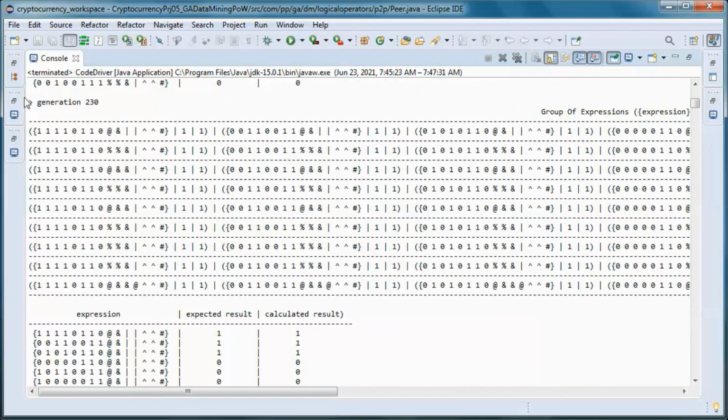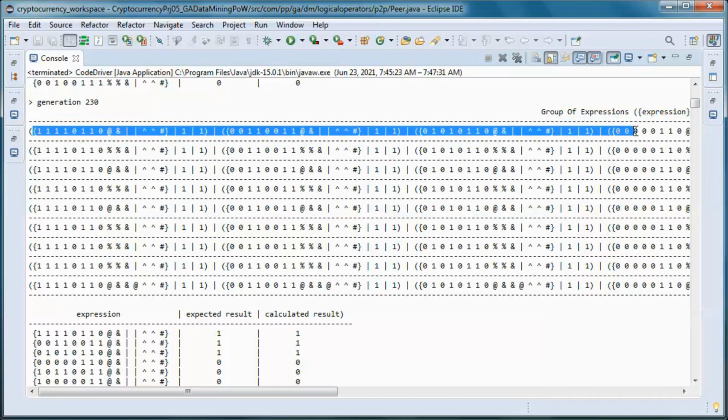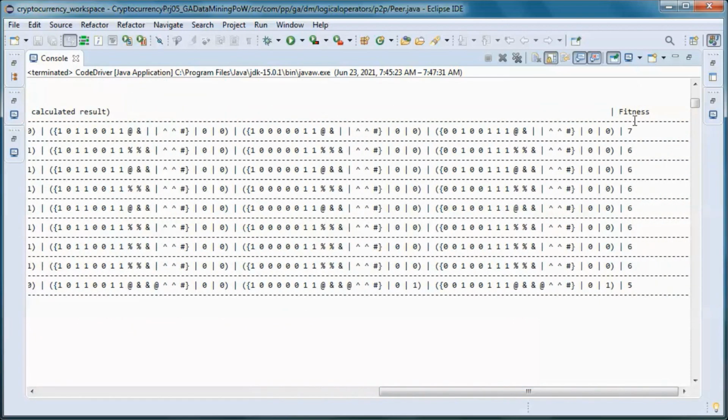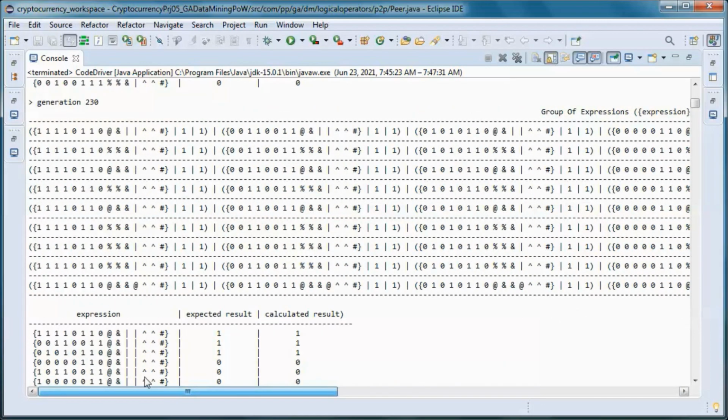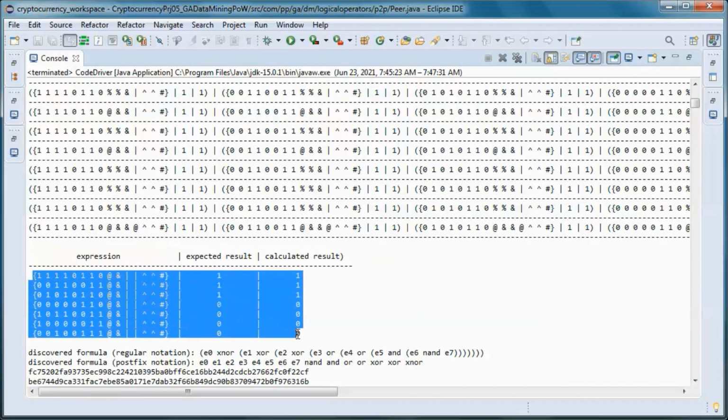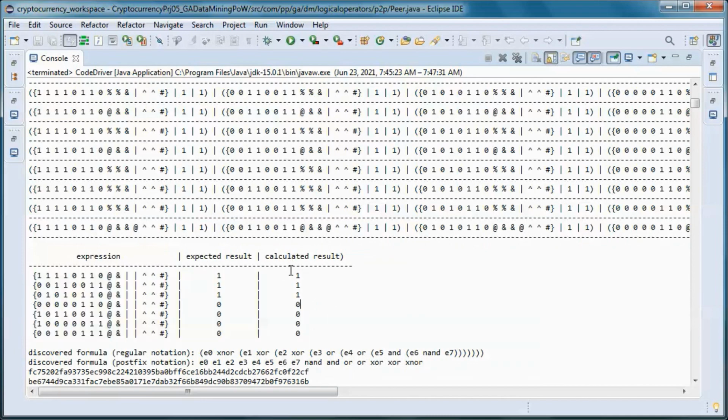So we went to generation 230, where we discovered this group of expressions with a fitness of 7. So all 7 expressions have their calculated results equal to the expected results.